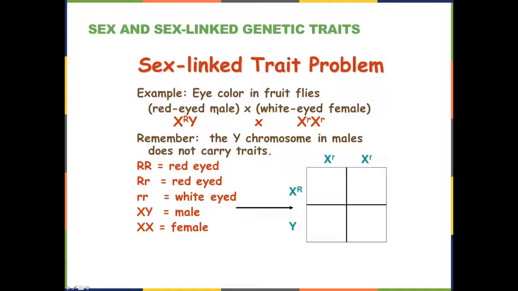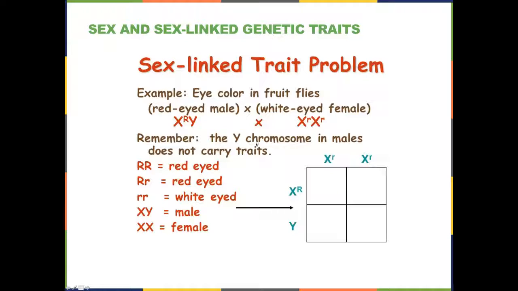So if a male has a big R, he's red-eyed, and with a little r, there's no other allele over here, so one little r means that it's a white-eyed male. But for a female, both X chromosomes have to have little r's. If either of these is a big R, then the female will be red-eyed. And you can see that's shown right here.